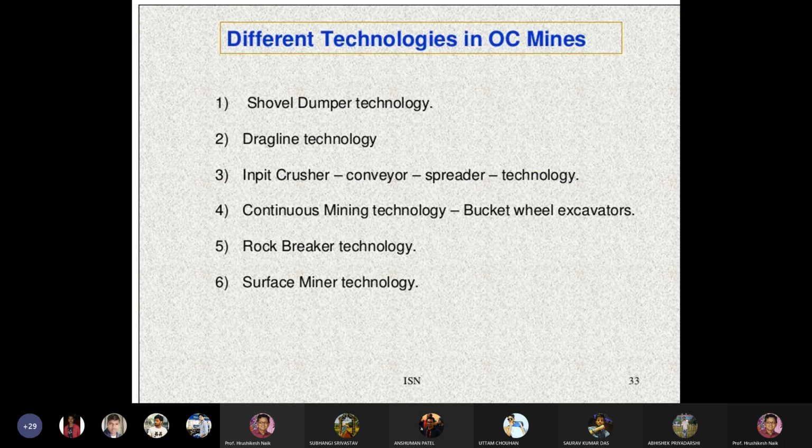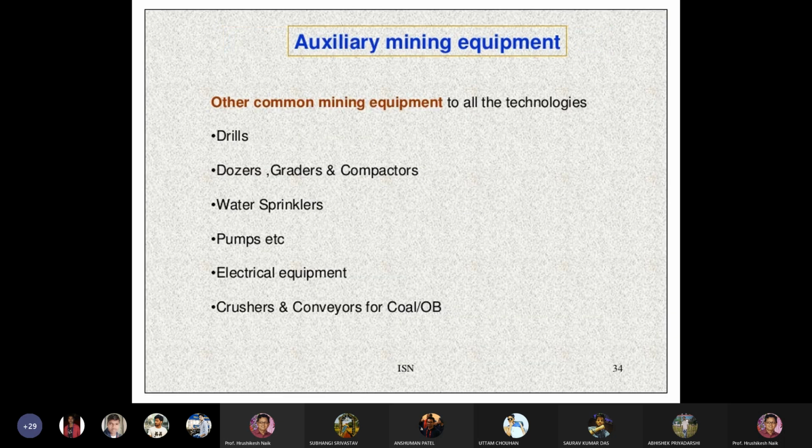Different technologies which can be used in open cast mines are shovel dumper technology, dragline technology, in-pit crusher conveyor spreader technology, continuous mining technology like bucket wheel excavators, rock breaker technology, and surface miner technology. Different technology used in surface mines. And these are the different auxiliary mining equipments used in surface mine.